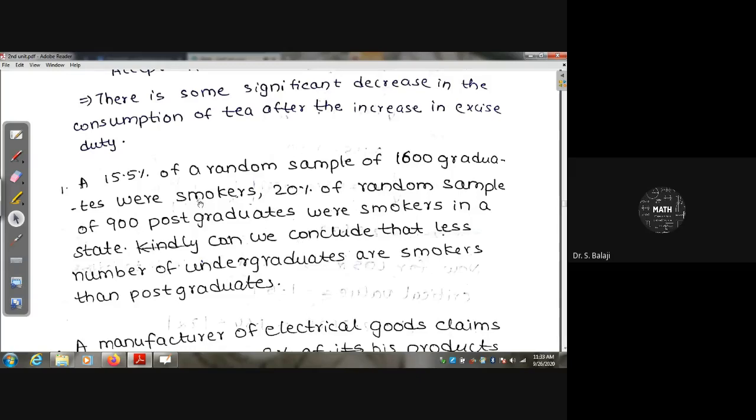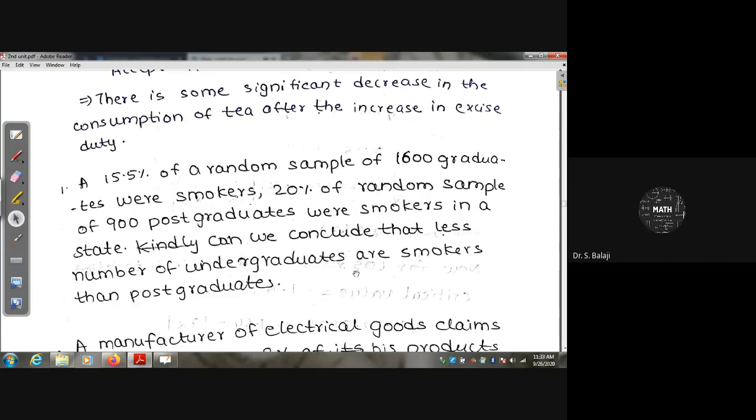From this data, can we conclude that fewer undergraduates are smokers than postgraduates? The question is asked in the comparison form, fewer undergraduates. Can you give the answer here?